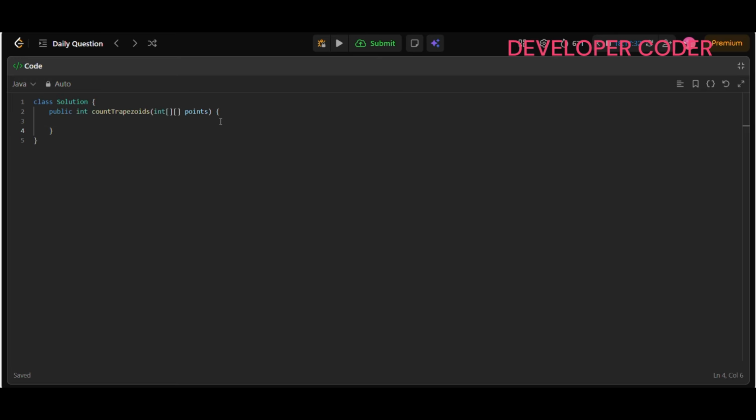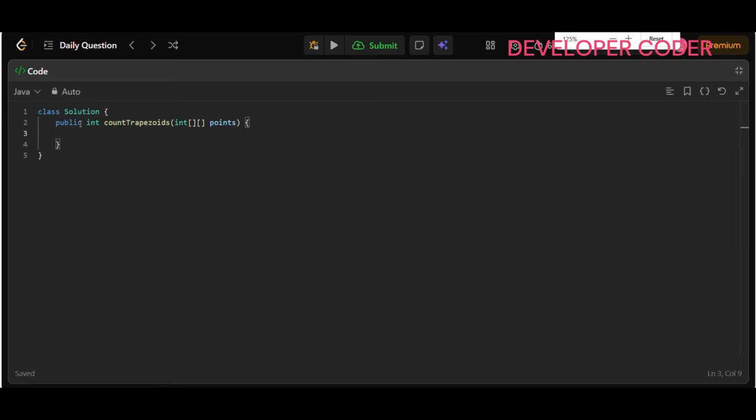So first thing you need to do here is calculate the number of points. Int n is equal to points dot length, right? And create one variable, double infinity, to store the infinity value, so I can say 1e9 plus 7. And first I'm going to create one map. Slope is going to contain the list of intercepts, right?